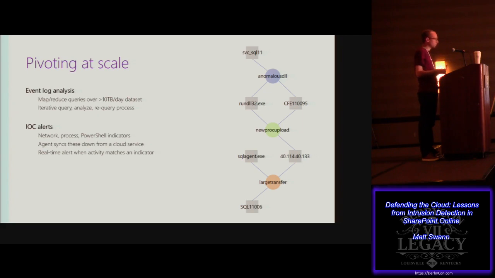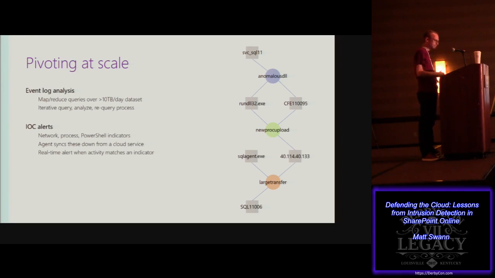So we built a cloud service where we put IP addresses, domain names, process regexes, things that we find during incident response. Those get synced down by our agent. And the next time any agent sees an indicator of that activity, it gives us a paging alert, calls back. And so now we can watch our adversary move from machine to machine once we have a solid indicator for him, rather than being behind the ball trying to catch up with our event log queries.